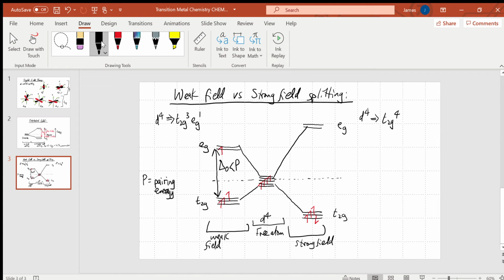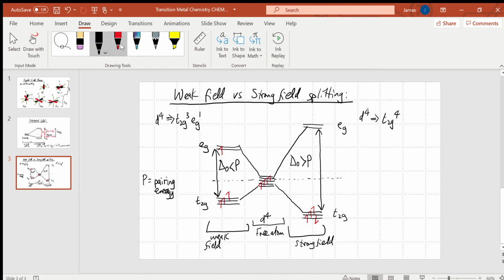Okay, and the delta O in the strong field case, here delta O is greater than the pairing energy. So if the lowest energy thing happens first, you're going to pair before you jump. So you just pair up. This has consequences for the spin.